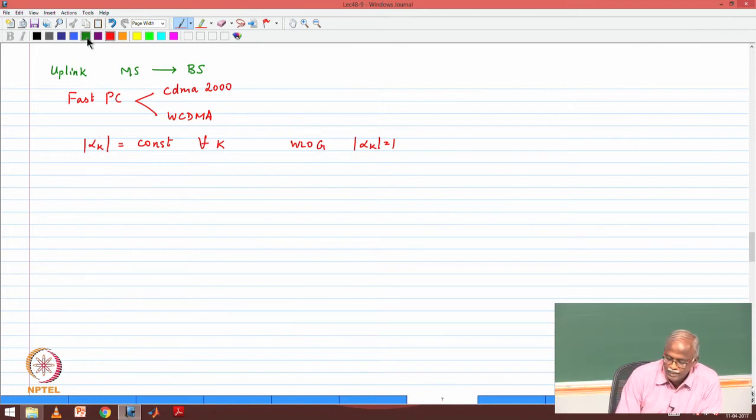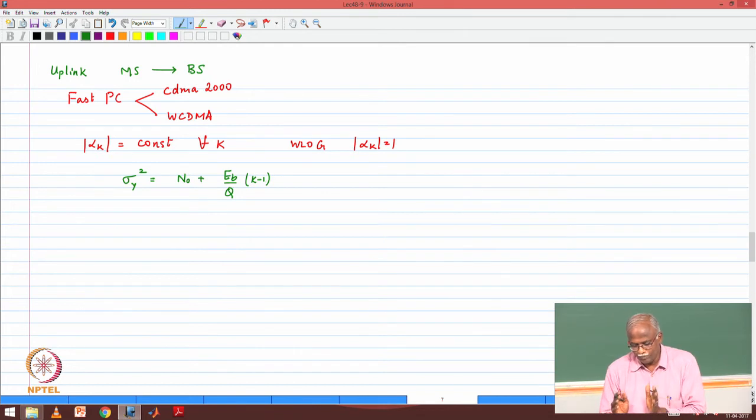So now comes a very interesting observation. Sigma y squared is given by N naught plus EB by Q into K minus 1. So basically there are K minus 1 interfering terms, and each of them contributes EB by Q. Okay.